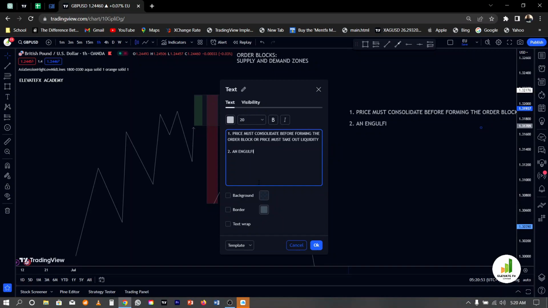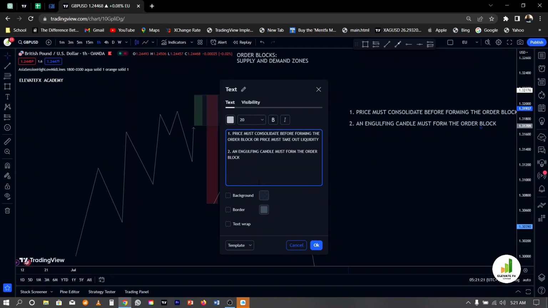An engulfing candle must form the order block. This is another rule that I tend to look out for. Now, where you have a confluence of 2, 3, 4, let's just say 3 or 4 of these rules, then it's a very, very good area to get involved in the market, or it's very, very likely that that order block is going to hold.